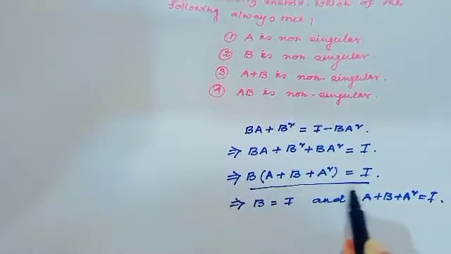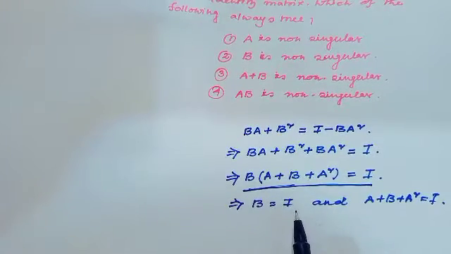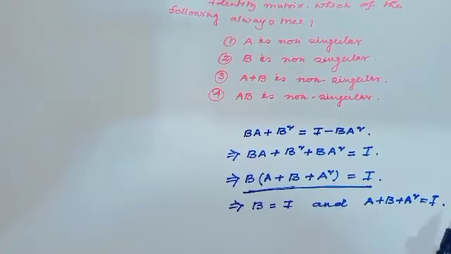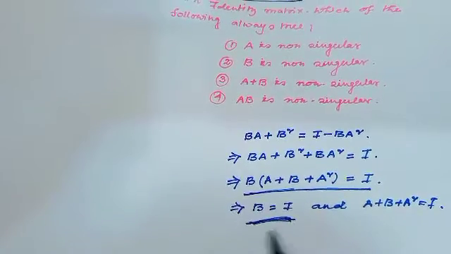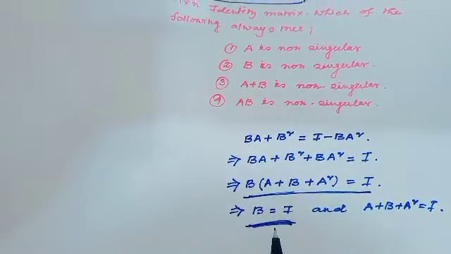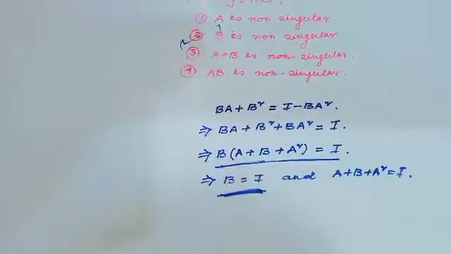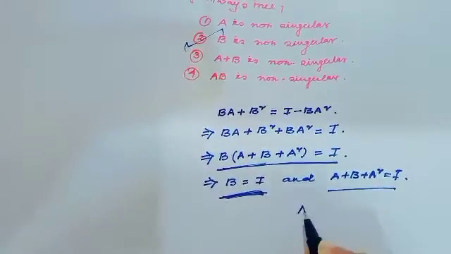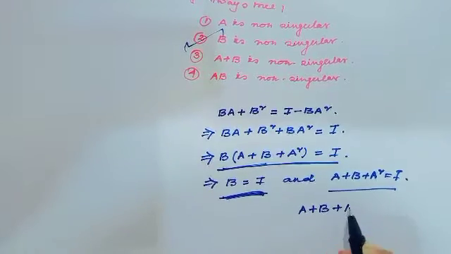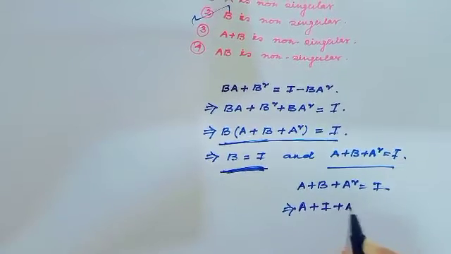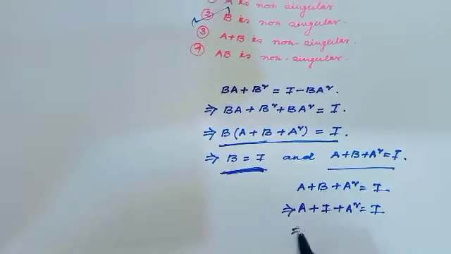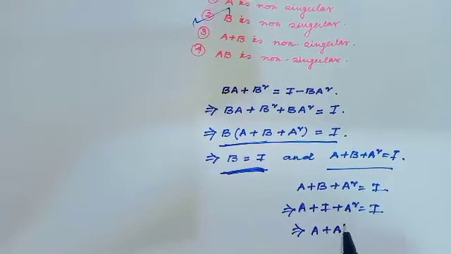And this equation implies B equals identity and A plus B plus A square equals identity. Since B is always identity, obviously option 2 is always true. Now from A plus B plus A square equals identity, put the value of B: that would be A plus identity plus A square equals identity. That implies A plus A square equals 0.